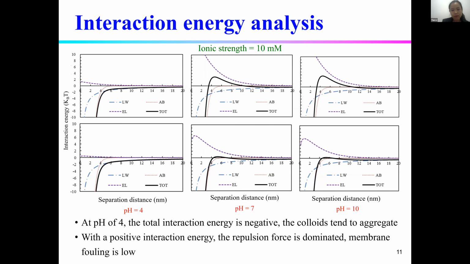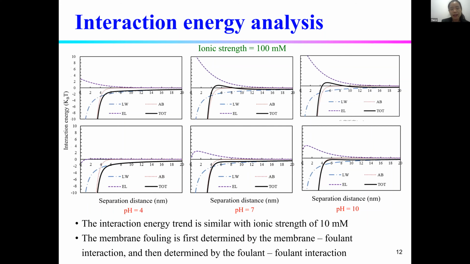We find that at the pH of 4, the total energy is negative, which means that the colloids tend to aggregate. And when the pH increases, the total energy becomes positive.